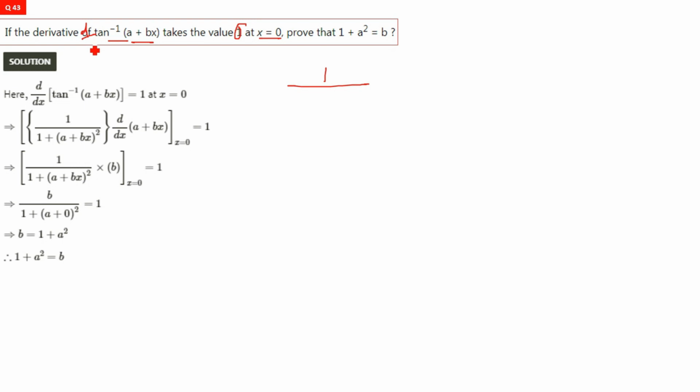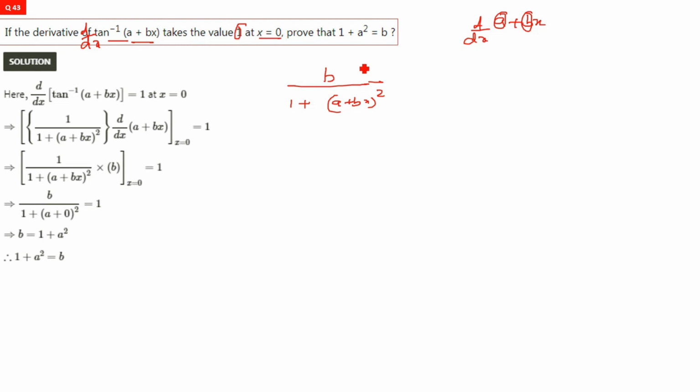The derivative of tan inverse is 1 by 1 plus the content square, that is a plus bx whole square. And then the differentiation of a plus bx will also be done, because this is what we call the chain rule. The derivative of a plus bx: a is 0 and x is 1, so b will come. This is your final differentiation.